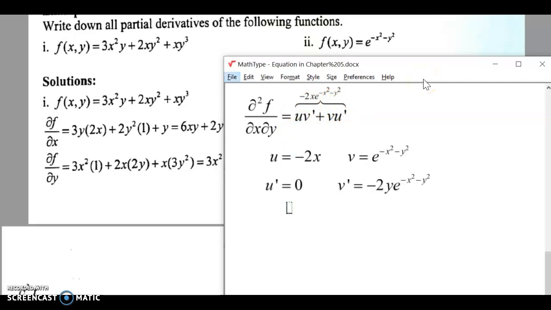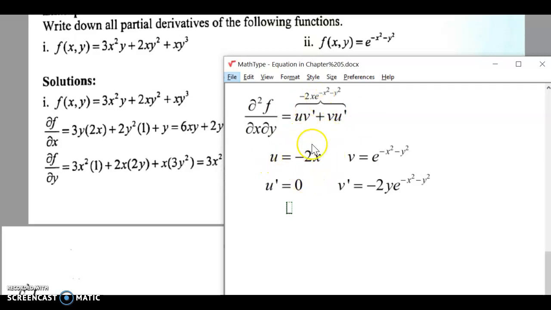It is almost the same as when we conducted the second derivative of x before. However, for this one, instead of conducting the second derivative in terms of x, we use this function to conduct the derivative in terms of y. So for u here, as you can see, it is negative 2x.